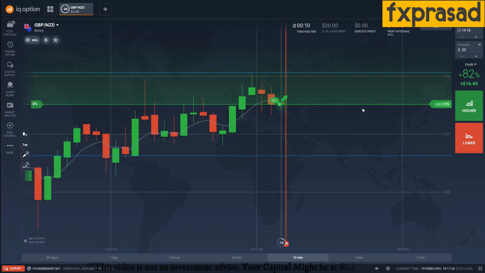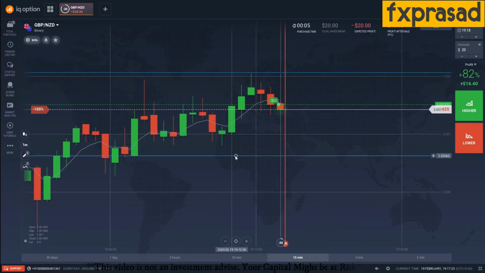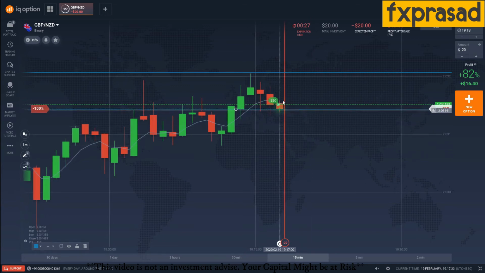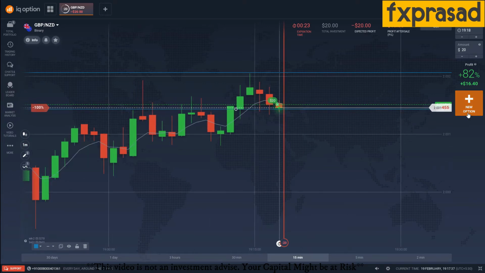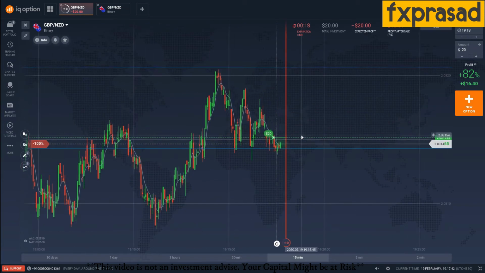I just go with call because previously the market reversed from this level. This is the level. I think the market will go up from this level. Let's see what happened.